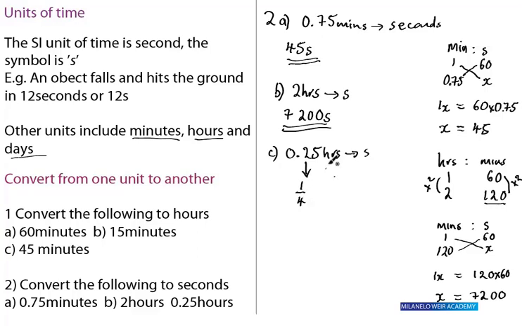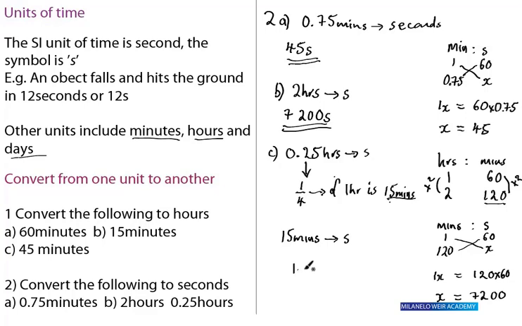So it's a quarter of an hour, right? 1/4 of 1 hour is 15 minutes. We have heard people say quarter to, quarter past. That's 15 minutes. So with this 15 minutes, now 15 minutes to seconds, right?